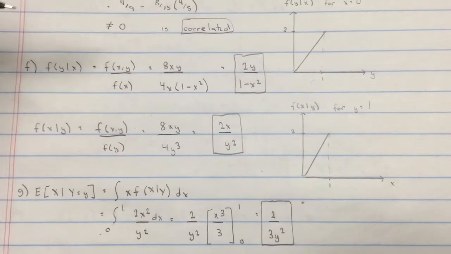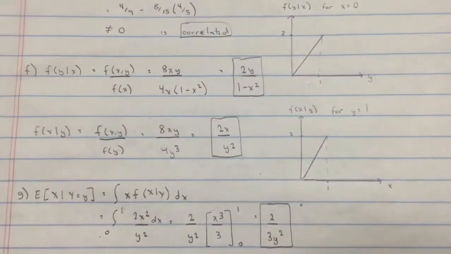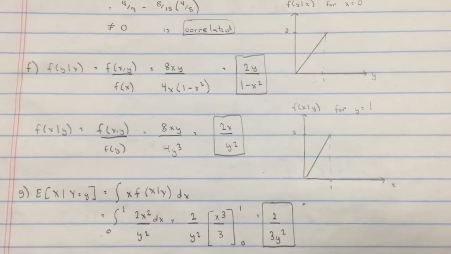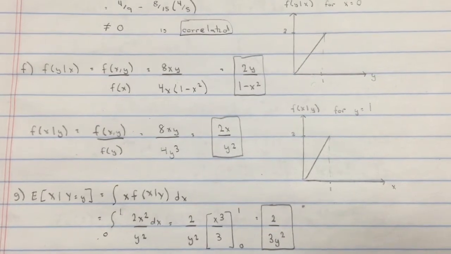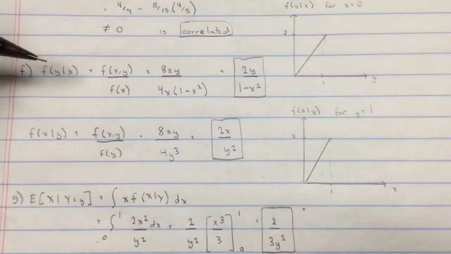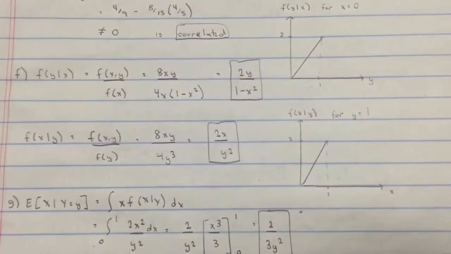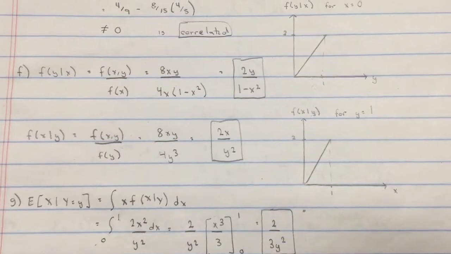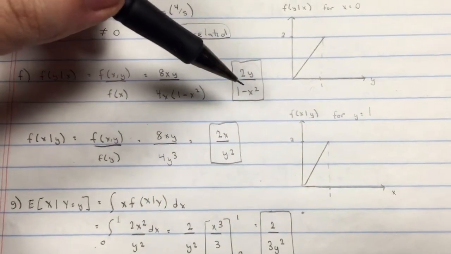So f of x and y is equal to 8xy, which we found in part A, divided by 4y cubed, which we found in part B. And so that gives us 4x(1 minus x squared), which we found in part B. And so that gives us 2y over 1 minus x squared.